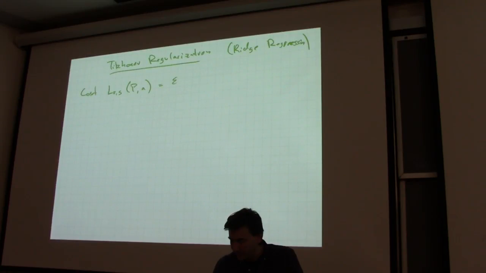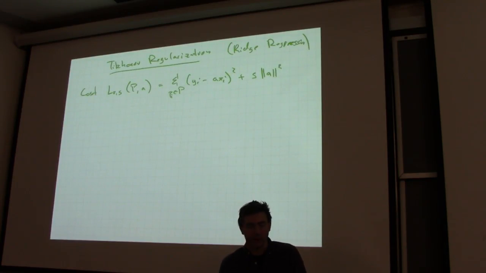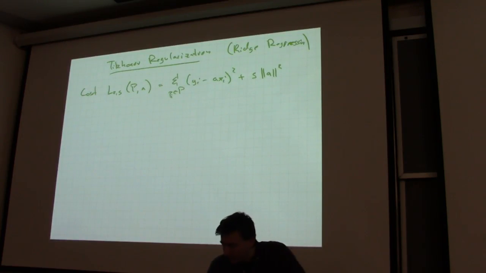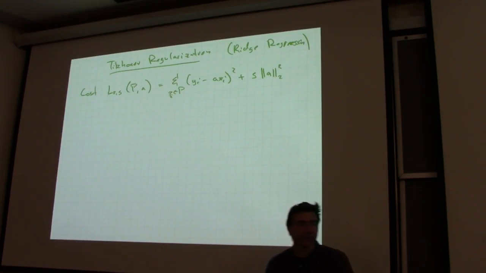Now I want to minimize the sum of yi minus A xi, squared. So this is the same thing as before, but I'm going to add this term, s times the norm of A squared. This will be the 2 norm.